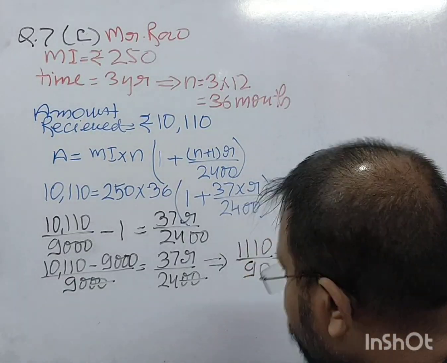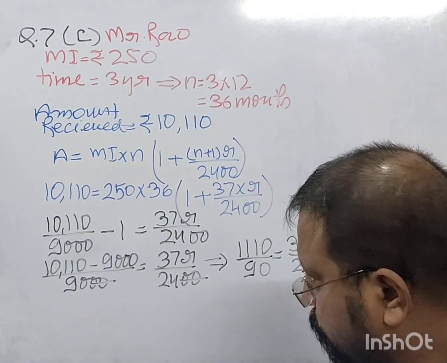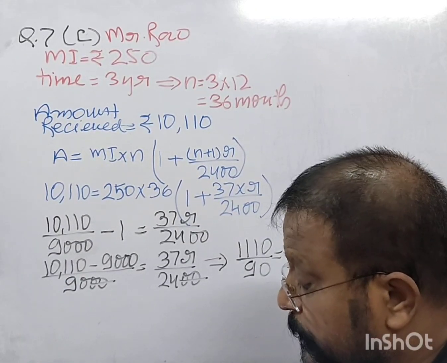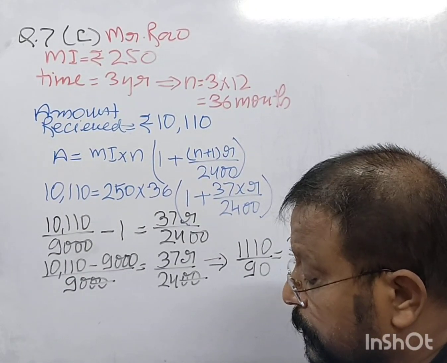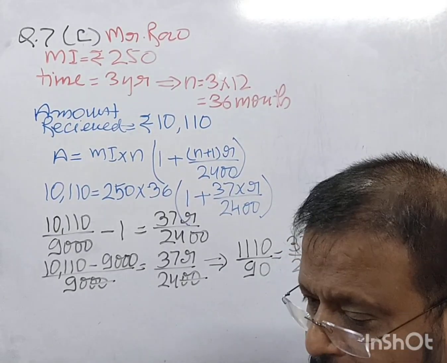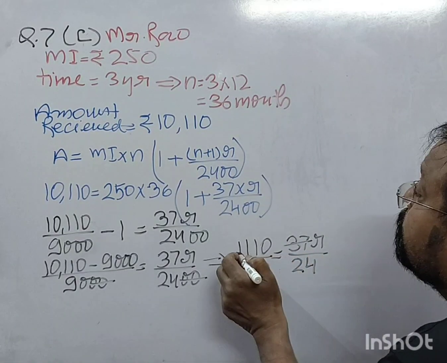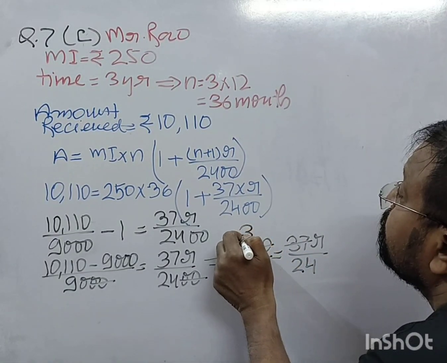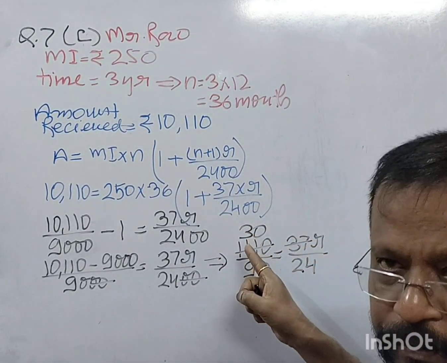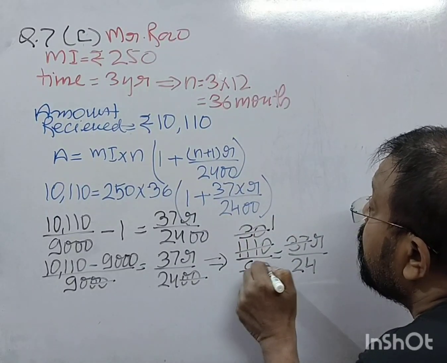Now 10,110 minus 9,000, that is 1110, divided by 37, you get 30. 3 times 30 becomes 90.